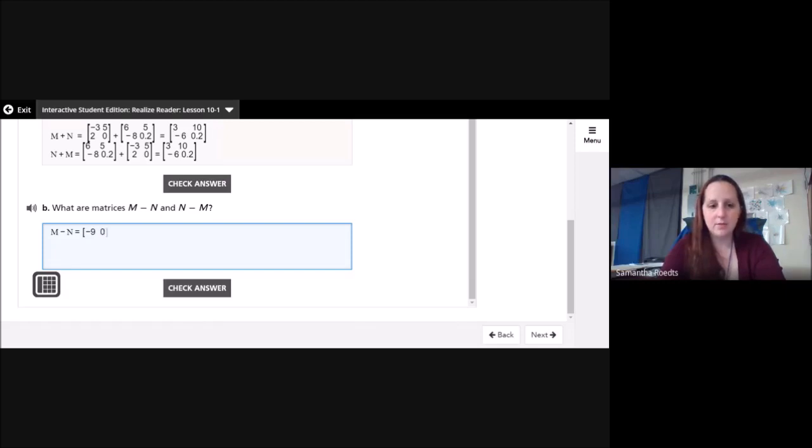And I will get 0, and then 10, and then -0.2. N minus M is going to equal 9, 0, negative 10, and then 0.2.